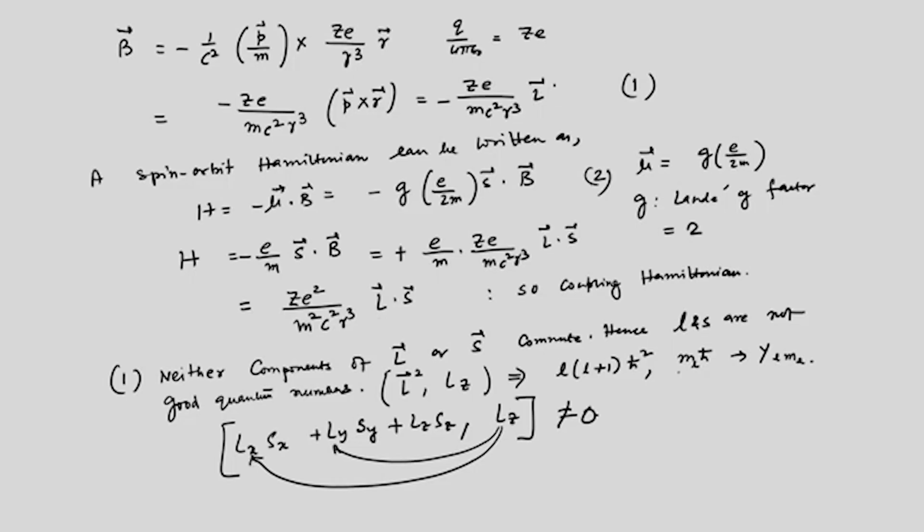Okay. So, this ceased to be a good quantum number, and because it is not a good quantum number, you cannot use this set of operators to formulate the problem. But fortunately, there is a simple solution to that.